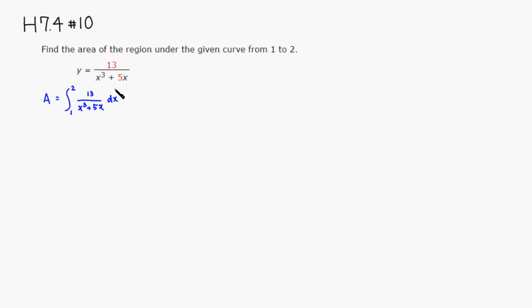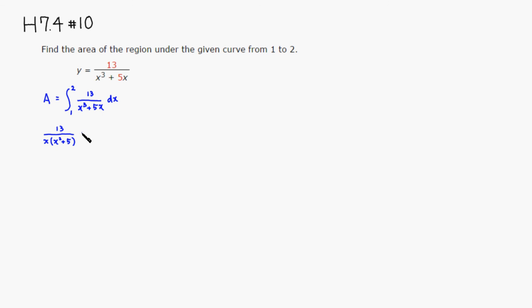So let's use partial fractions here. We have 13 over, I'm going to factor x out because x is in common, so we have x times x squared plus 5.